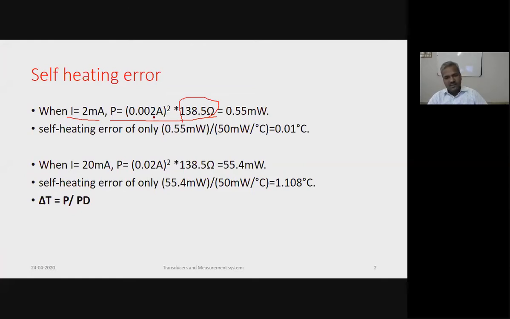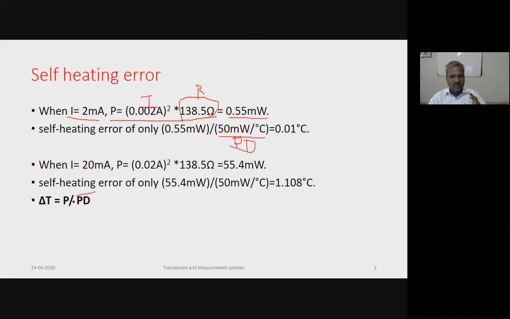Here I is the current through the RTD element, 2 milliampere, and I square into R gives 0.55 milliwatt. The specification of the RTD is given as 50 milliwatt per degree Celsius. This is called the dissipation constant, PD, of the RTD.